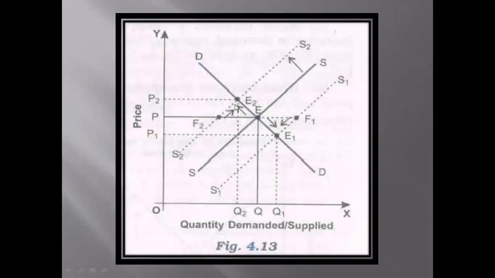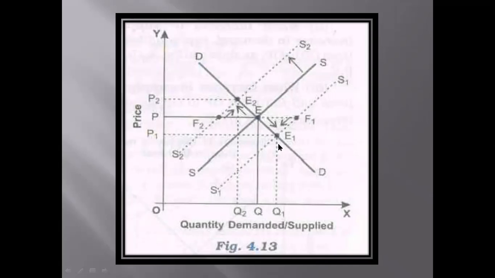But when supply decreases from S to S2, your point of equilibrium also changes from E to E2. Your quantity is decreasing, but your price is increasing from P to P2.